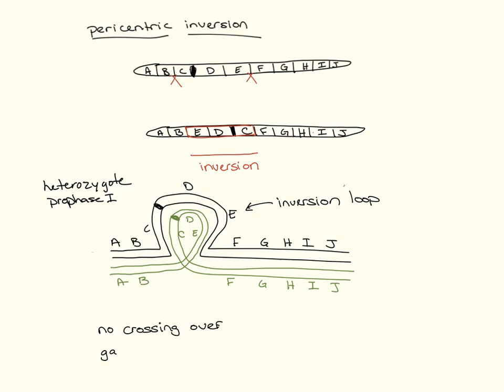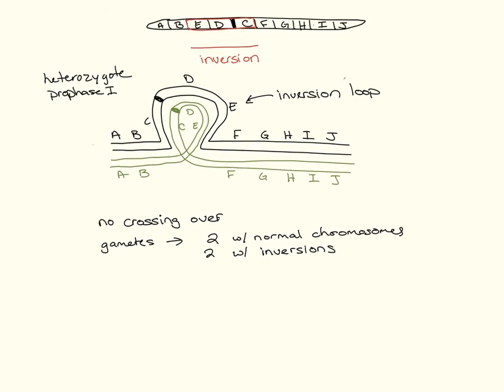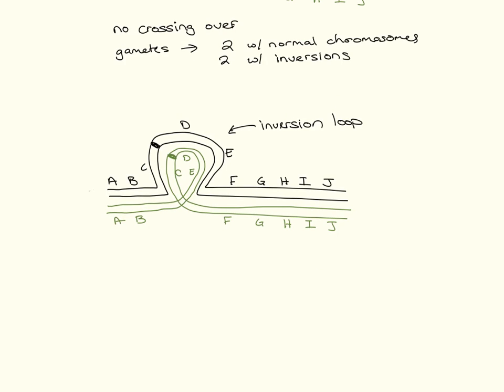Your gametes, you'll have 2 with normal chromosomes, and you'll have 2 with inversions. But all will be viable. But I just copied it down here.